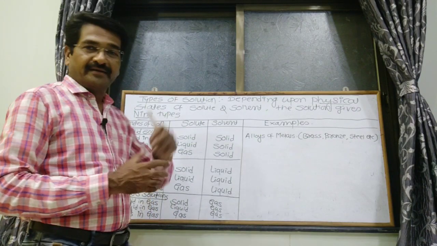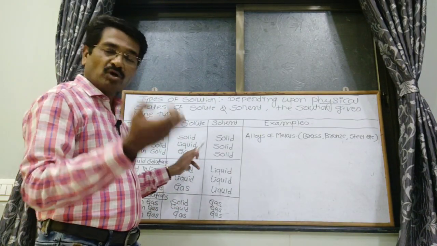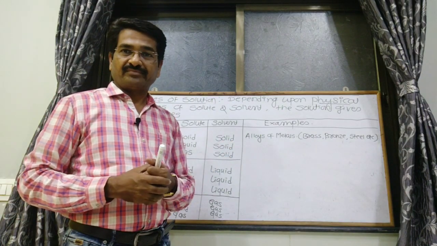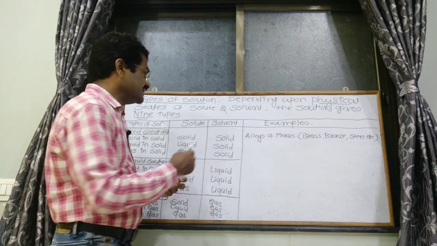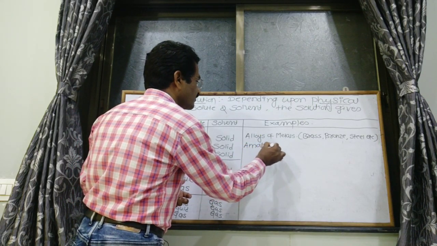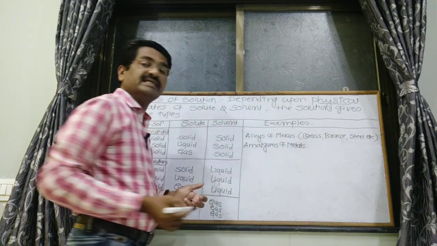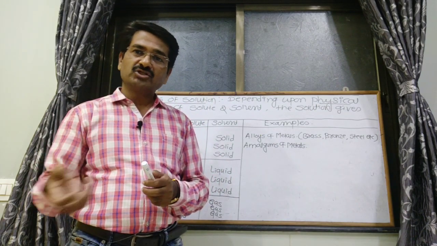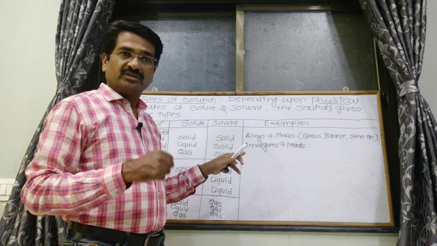Second, liquid in solid. In this solution, the liquid is the smaller proportion, that is the solute, and solid is the larger proportion. So what is an example of liquid in solid? That is amalgams of metal. In amalgams, a liquid solute metal can dissolve in other solids.